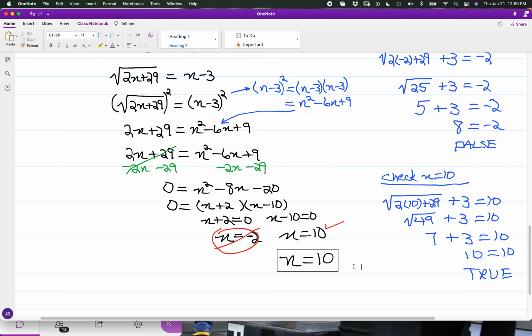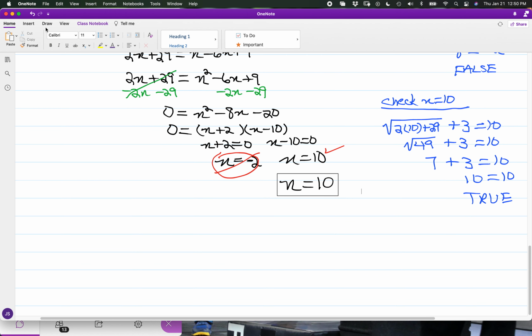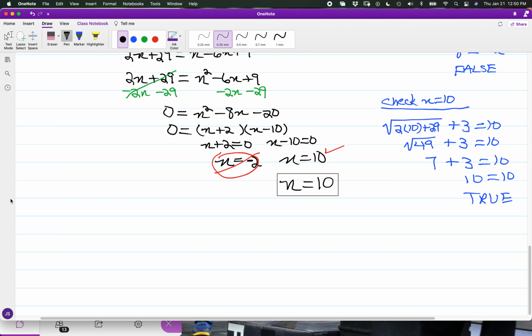Now in the case of 107, we have a radical equation, and this time the radical is a cubic root. For this one, you have negative 4 times the cubic root of 2x minus 5, followed by the addition of 6, is equal to 10.